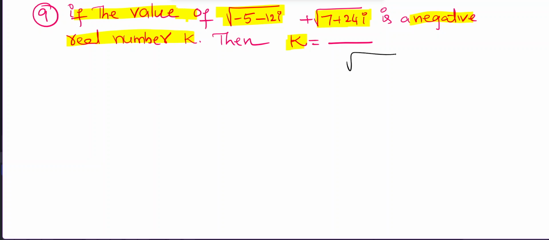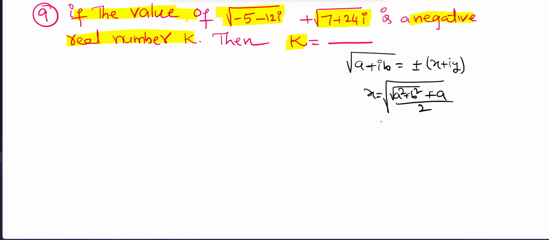We know the formula: square root of a plus ib is equal to plus or minus x plus iy, where x is equal to under root of square root of a square plus b square plus a, by 2, and y is equal to square root of a square plus b square minus a, by 2. This is the formula for finding the square root.